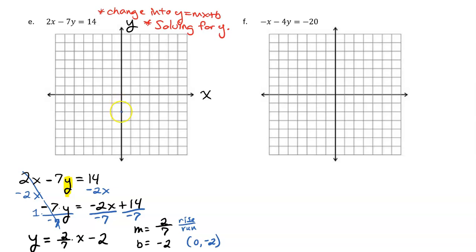So 0, negative 2. Using my rise and my run, I'm going to go up 2 units and then to the right because it's positive 7. 1, 2, 3, 4, 5, 6, 7. Just at the end of my plane. Connect it with a straight line.